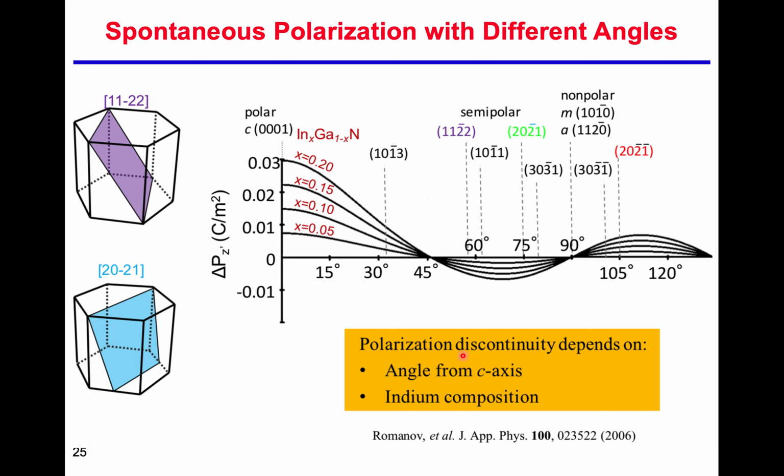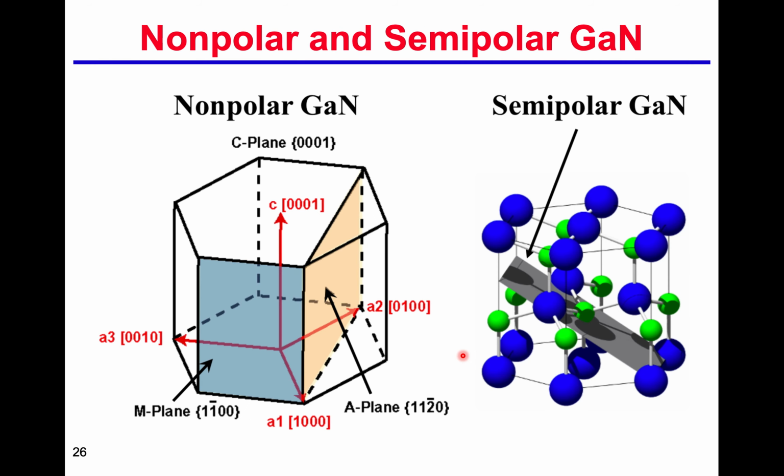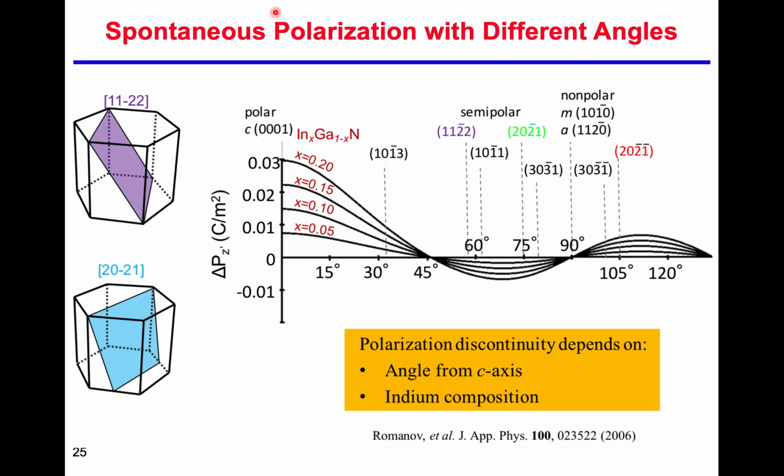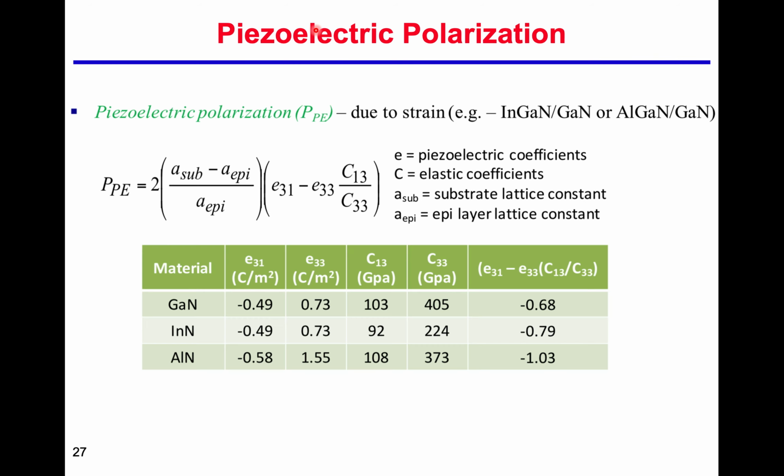We can find some possibilities here. For example, here's a semi-polar plane, and here's a non-polar plane. This is the spontaneous polarization, and there is also piezoelectric polarization. The electric polarization results from the strain.